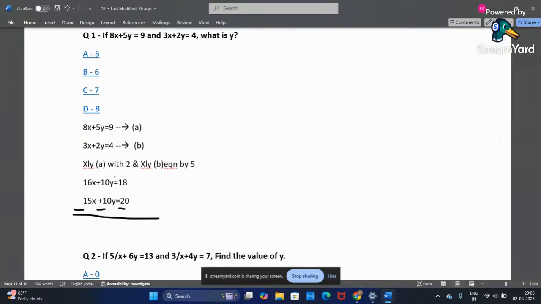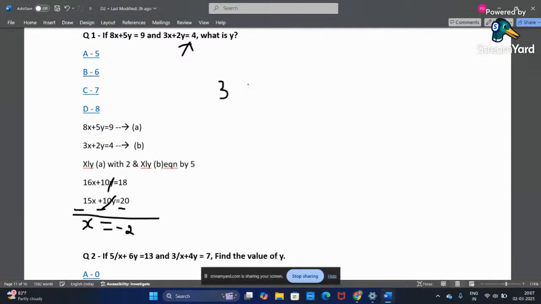So this is plus 10 and this is minus 10. So both will get cancelled. And 16x minus 15x is 1x equals 18 minus 20, which is minus 2. x will be minus 2. So this minus 2, we need to substitute in equation 2. We have to substitute the x value.